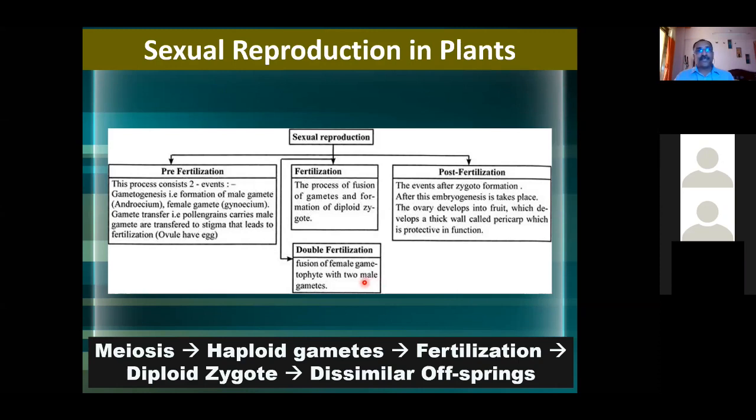One is fusing with the egg, the other one is fusing with the secondary nucleus, which we will see later. But we call this double fertilization because fertilization occurs 2 times. And once the fertilization is over, the zygote is formed, and that undergoes further changes as embryogenesis. And finally, we can notice that in angiosperms, fruits are developed in which the seeds are there.